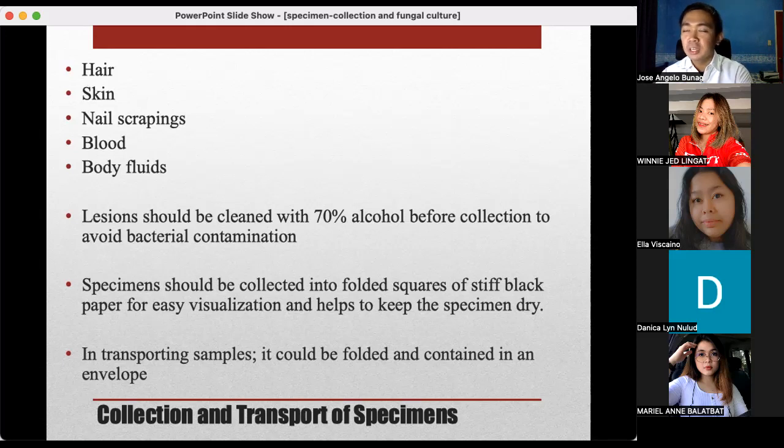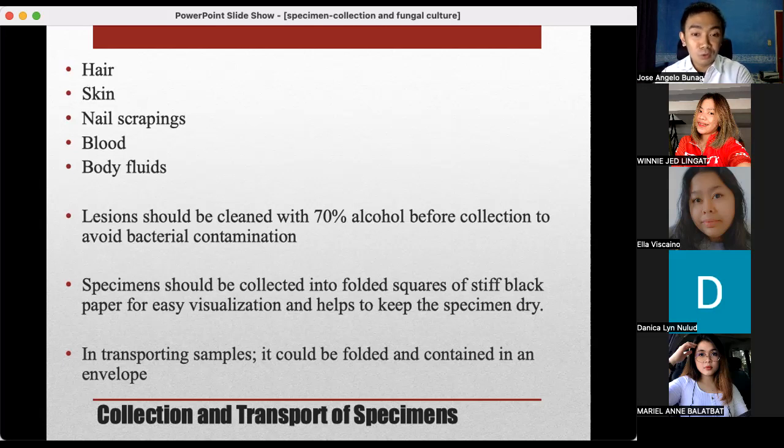For sputum, a clean cup collection is needed. The first morning sputum is preferred, and then the sample is inoculated into two plates. The first plate usually contains cycloheximide. The second plate does not contain cycloheximide. So basically, those are the samples we can collect for body fluids.